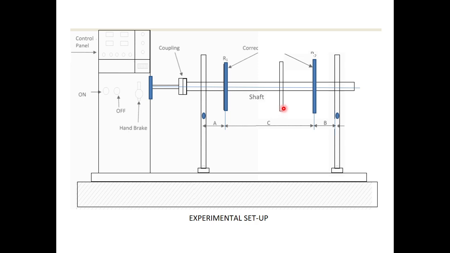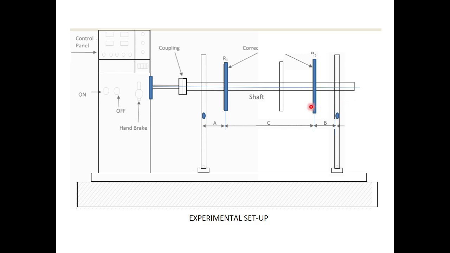Here, these two could have been the correction planes, and this would have been the third disc, which you have not considered for placing the correction mass. Sometimes these two are there, and the third one could have been placed here.